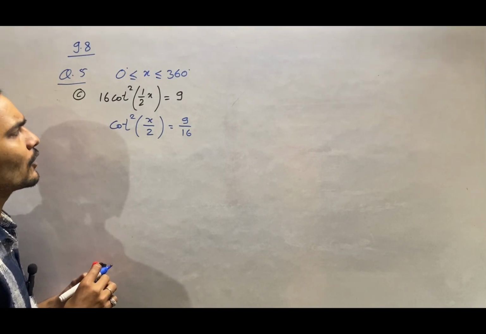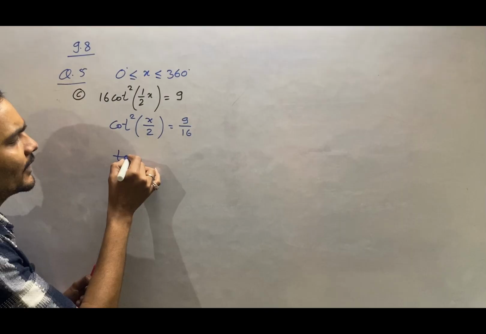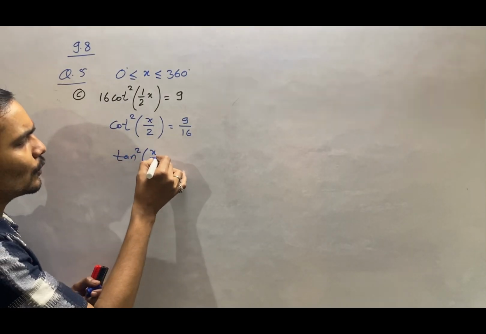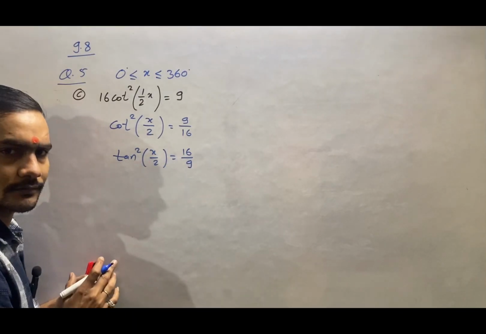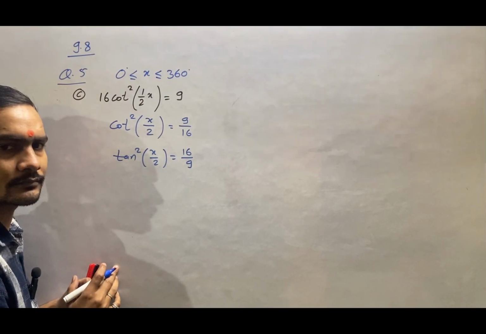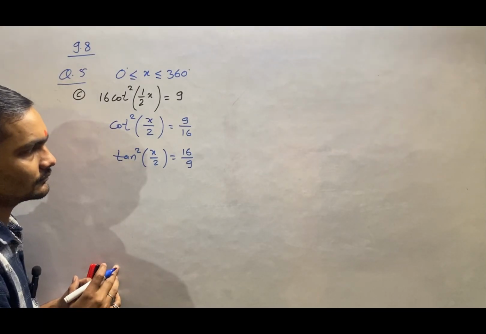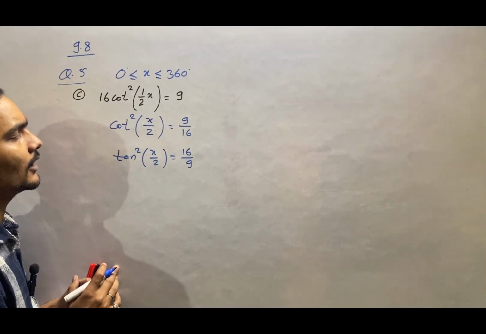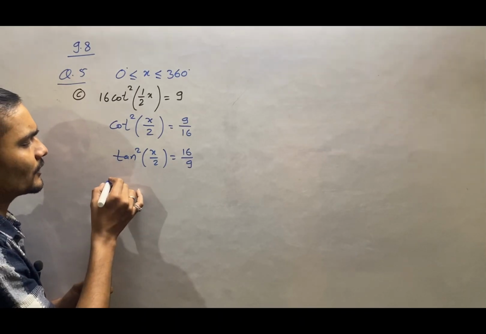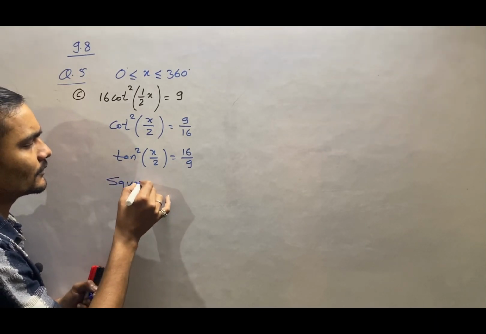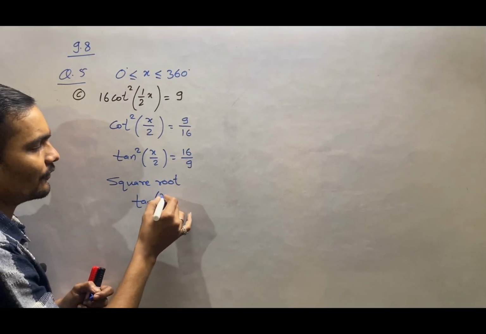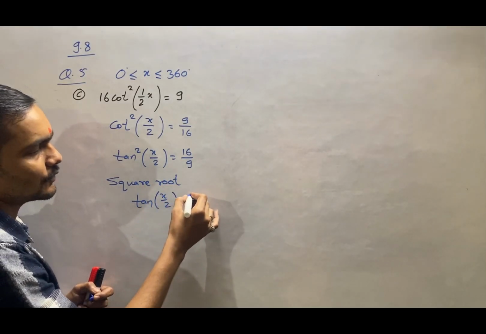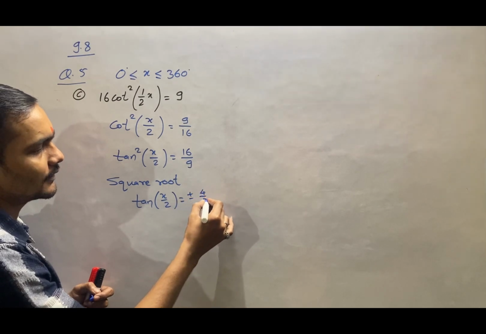So now the reciprocal of cot is tan. So we can say tan square of x over 2 is equal to 16 over 9. Right. So now take a square root. So tan of x over 2 is equal to plus minus 4 over 3.